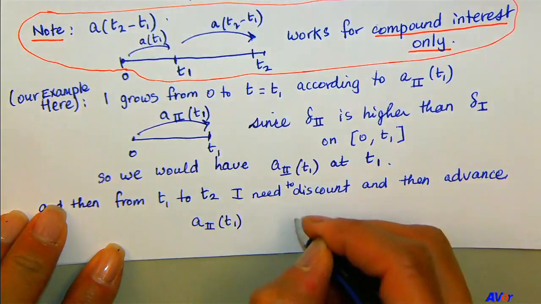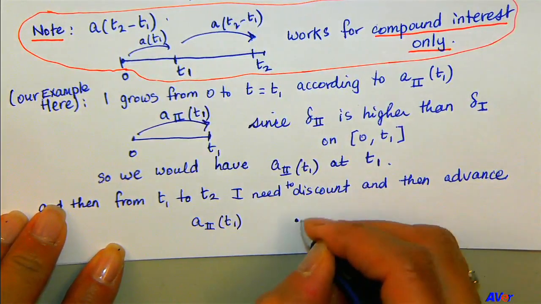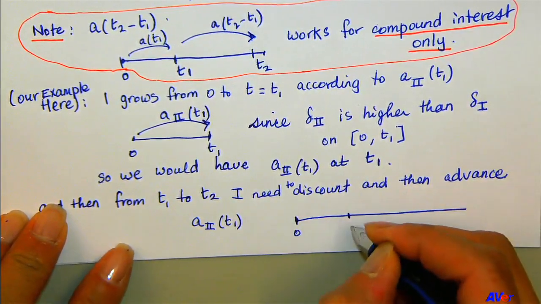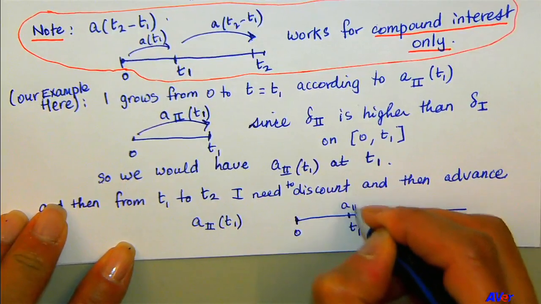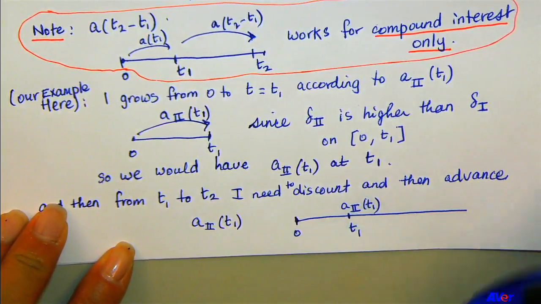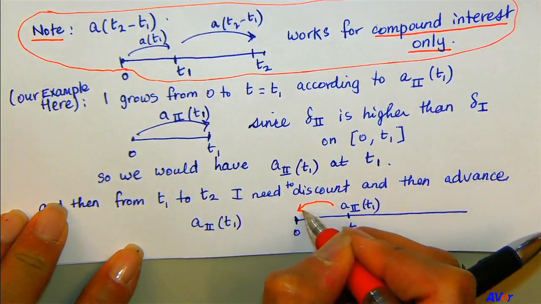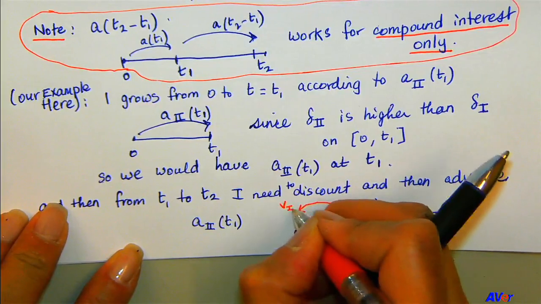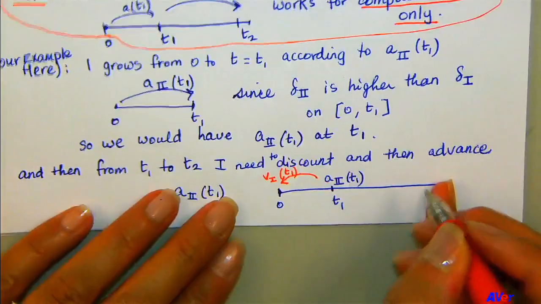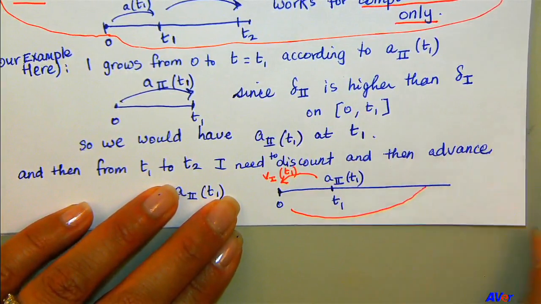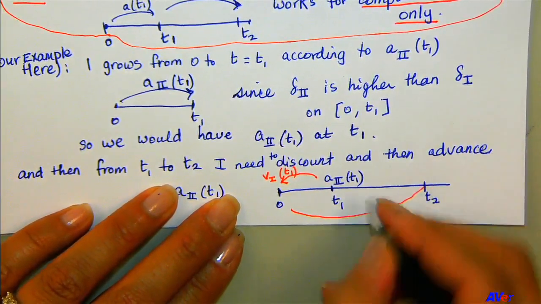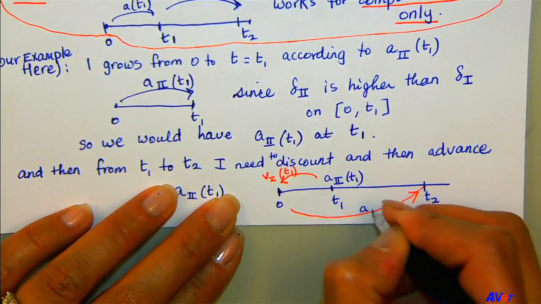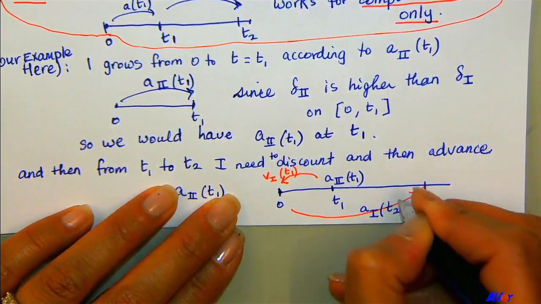Let's draw a timeline. Zero and T1, and I have A2 of T1. So I want to bring it back by V1 of t1 and then grow it to time t2 going this way by A1 of t2.